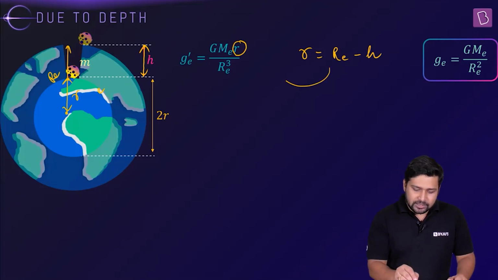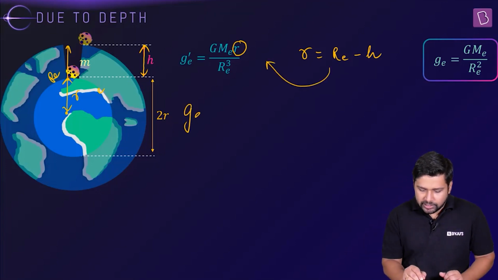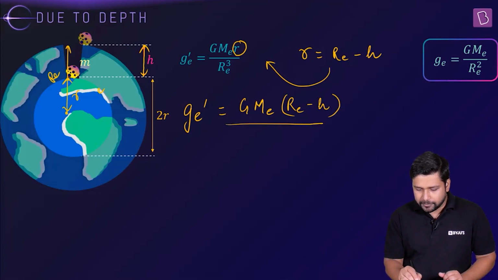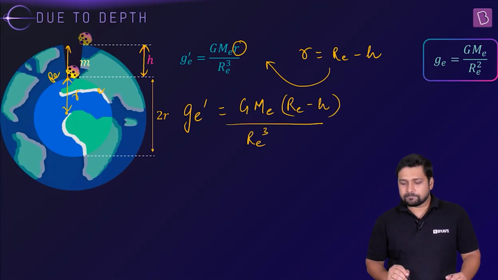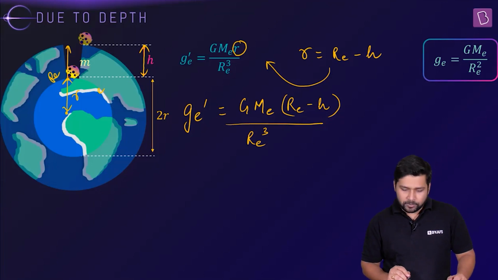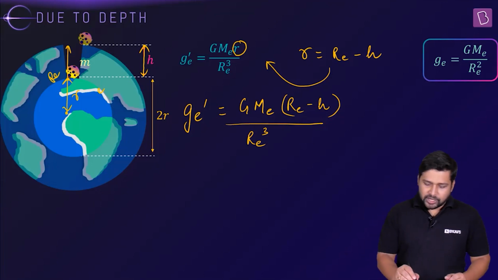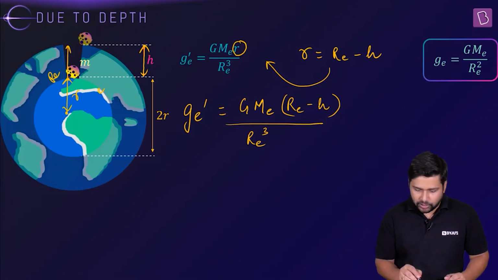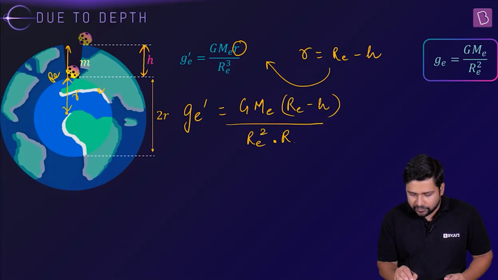If you replace this in this formula, what do we get? Ge dash is equal to G Me, and this can be written as Re minus h divided by Re cubed. No problem? Okay. Let's take this Re square outside and let's take one Re inside. So we can represent this as Re square divided by Re.